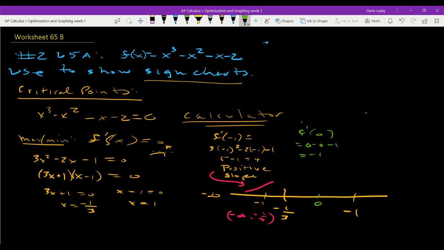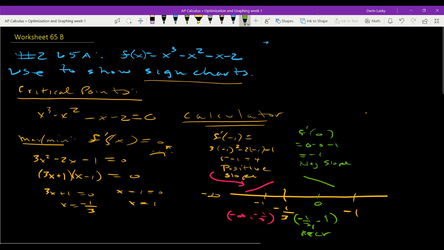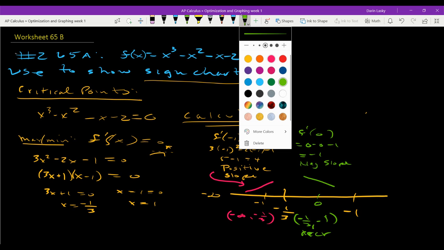That tells us that we have a negative slope here. So that means between negative 1/3 and 1, it's going down. On this interval, it's decreasing. So it's decreasing. So now let's go over here, and let's look at our last one here.